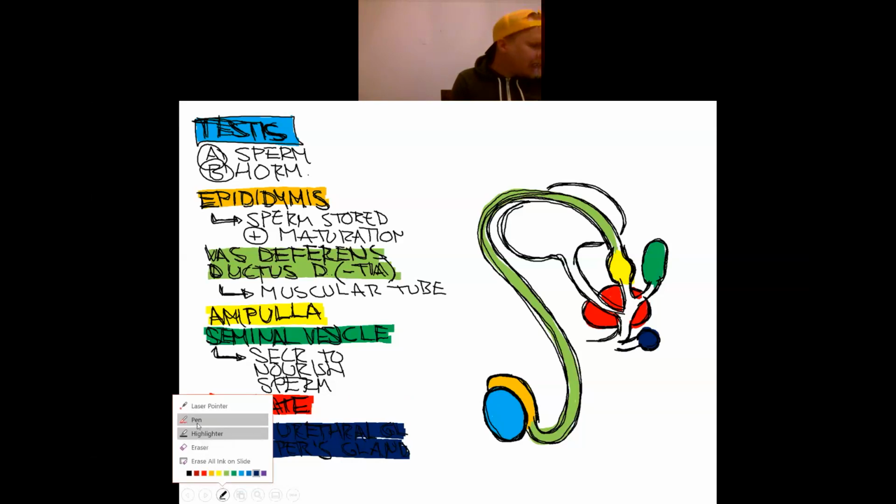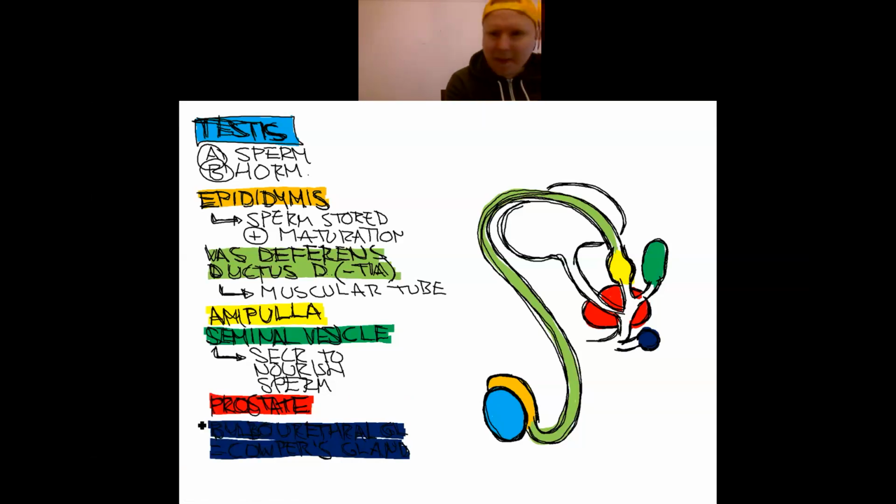So what's remaining is, first of all, we have this duct continuing its journey. Now all these secretions result in that we no longer talk about just the sperm, we have semen.